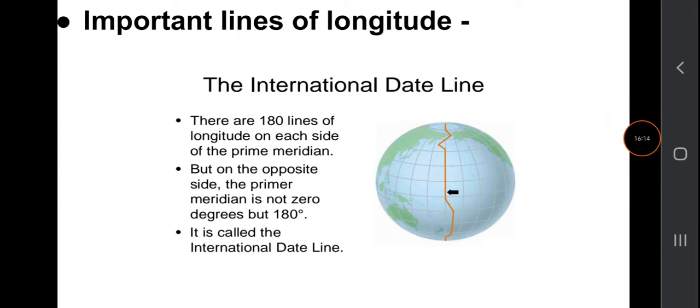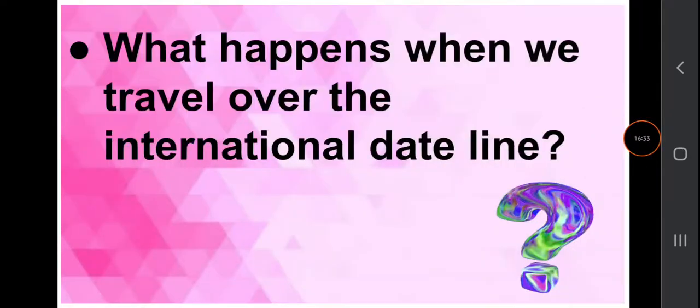Both 180-degree east and west longitude is known as the international date line, and prime meridian is at 0 degree, and countries lying on the eastern side are 1 day ahead of the countries lying on the western side of the international date line. So what happens when we travel over the international date line? What do you think when we travel from eastern hemisphere to western hemisphere?